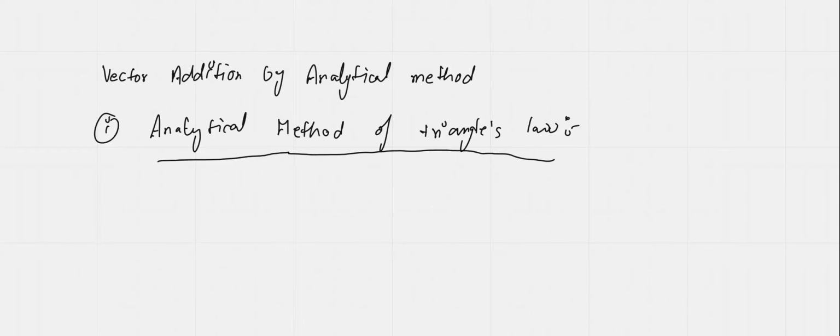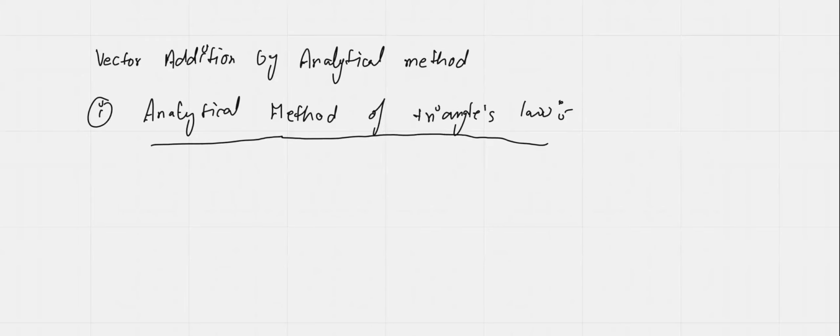Okay, fine. As per the triangle law, I can say that this is my vector. This is my other vector, and the third side is going to be my resultant vector, represented by this, right?